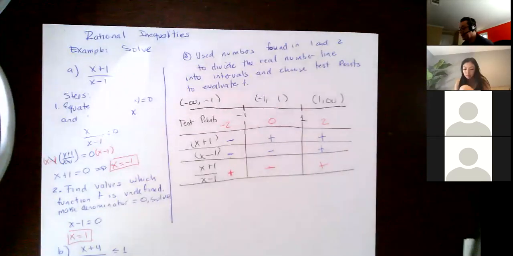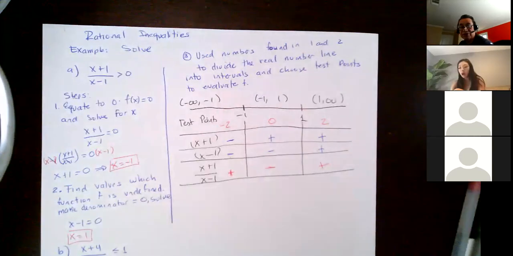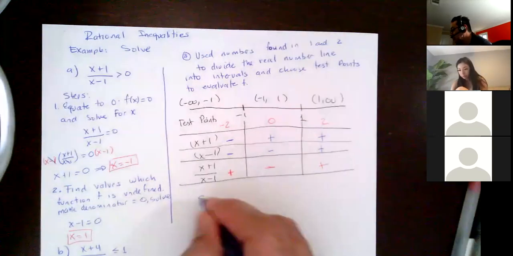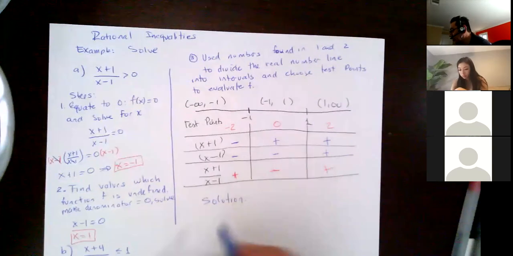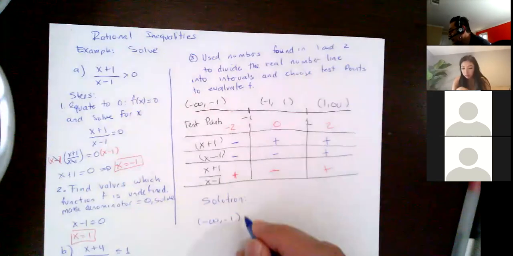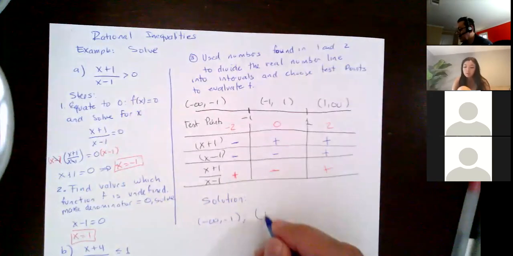Yes, you're right. So let me write the solution here. The solution is going to be from -infinity to -1 and 1 to infinity. That would be the solution, right?